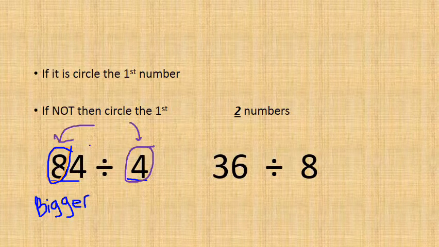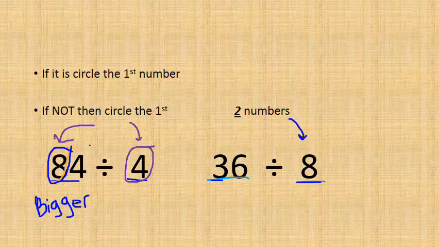Make sure you're following along on your paper. Look at our second example. 36 divided by 8. First number is 3. The number that is after the division sign is 8.